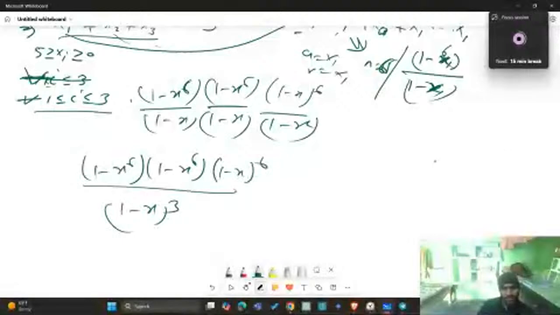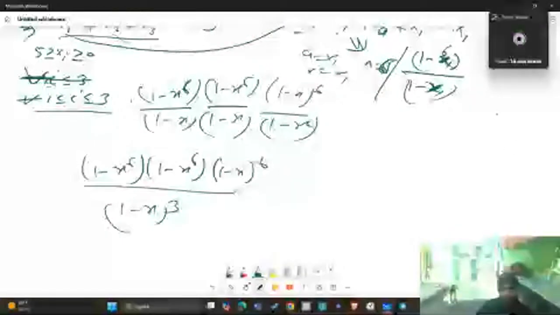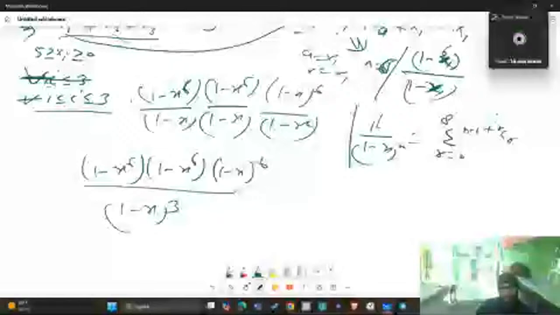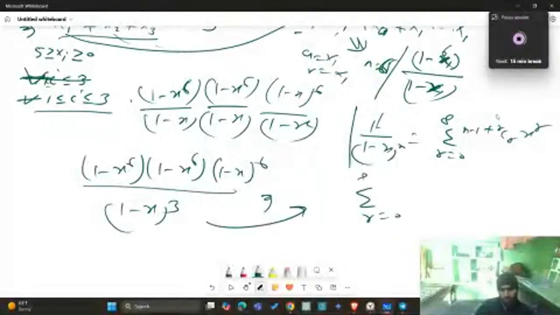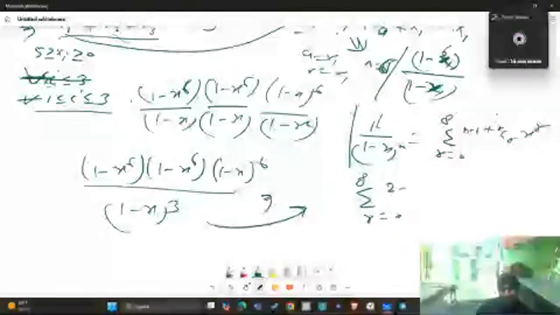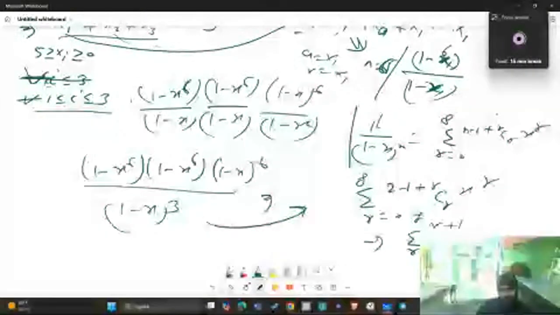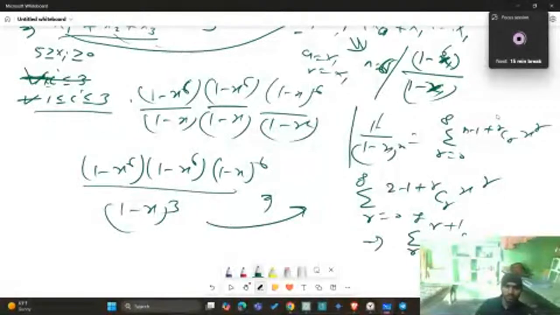Using 1 upon (1 minus x) to power n as the sum over r from 0 to infinity of (n minus 1 plus r)Cr x to power r, here n is 3, so it becomes the sum over r from 0 to infinity of (r plus 2)C2, that is (r plus 2)Cr, x to power r.